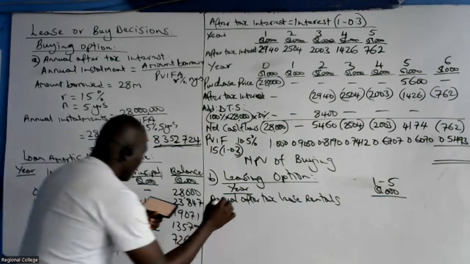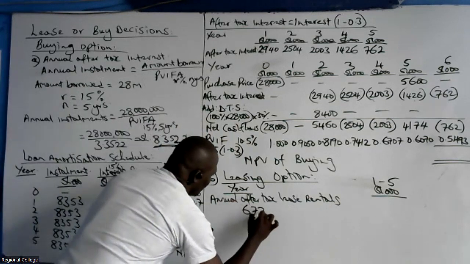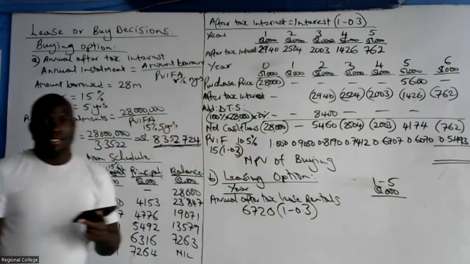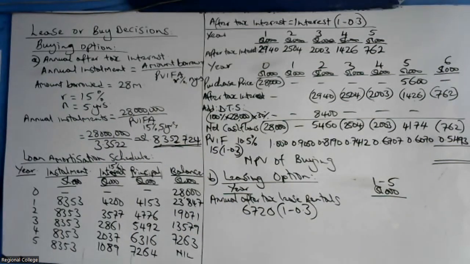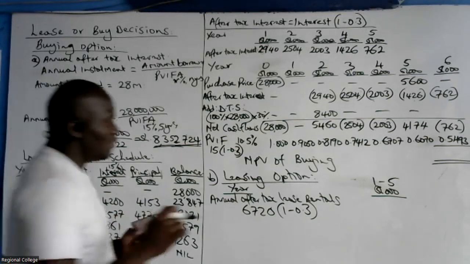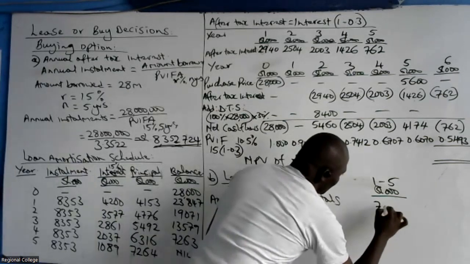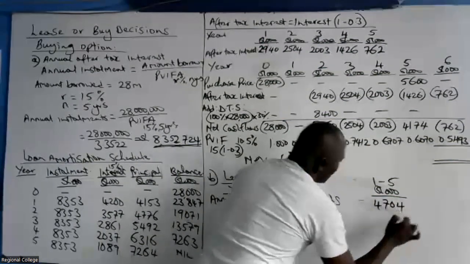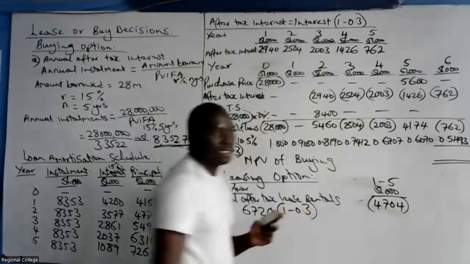So you're having 67.20 adjusted for tax. So 67.20 times 0.7 is 47.04, 4704. And remember, it's a cost, right?